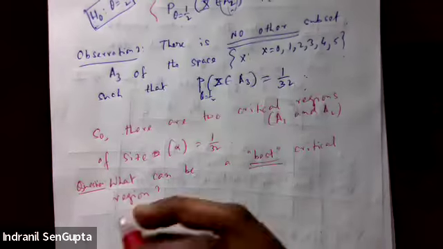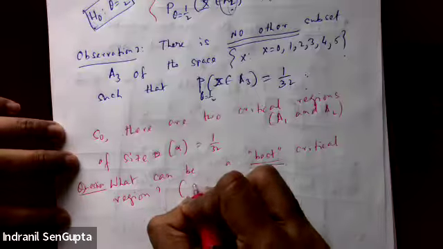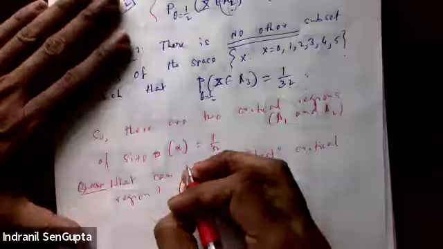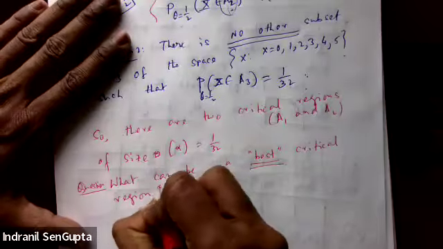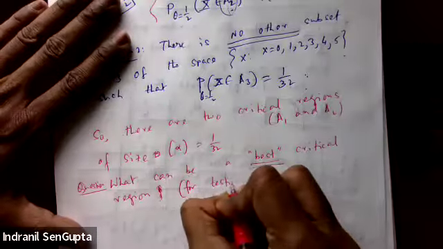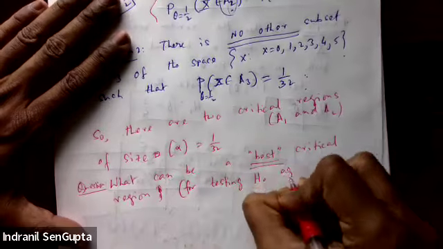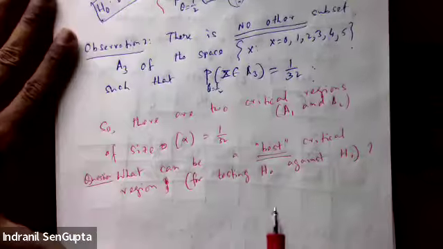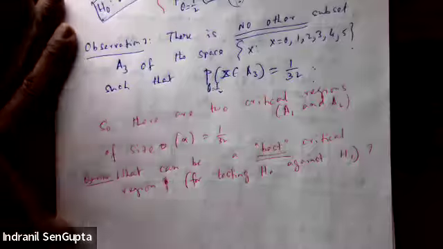And by the way, it is the best critical region for testing H0 against H1, because every time I change the hypothesis, it changes.